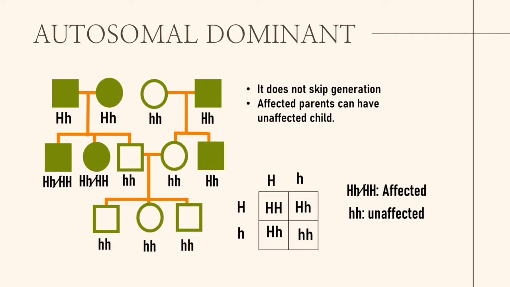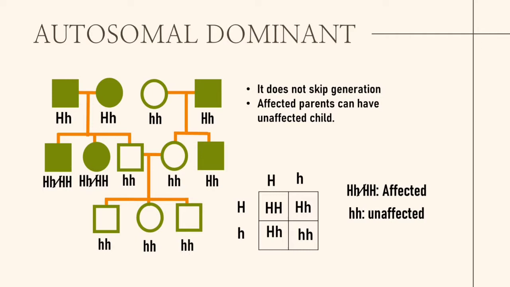So, nakakuha tayo ng unaffected child kasi nga makikita nyo dito na ang genotype ng ating parent number 1 or ng father would be heterozygous dominant, and then the parent number 2 or the mother is heterozygous dominant as well. Okay? Based on this Punnett square, as you can see in here, we have crossed heterozygous dominant and heterozygous dominant as well.